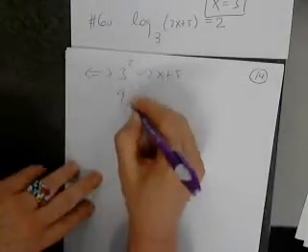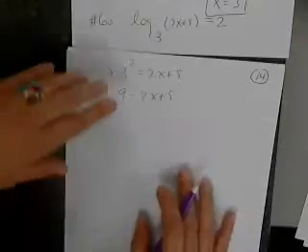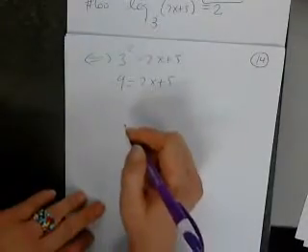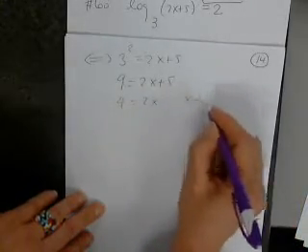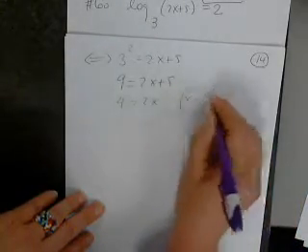So 9 equals 2x plus 5. Then 4 equals 2x. Then x equals 2.